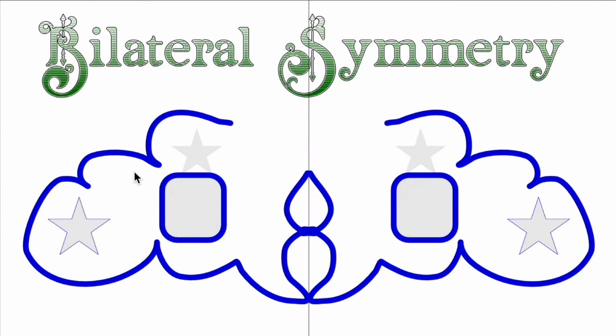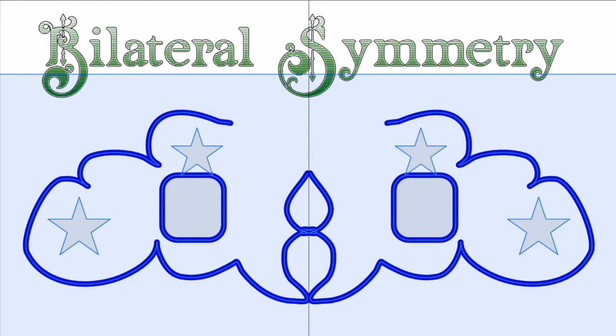You can also have a type of bilateral symmetry as top and bottom. The point is just with bilateral symmetry that the two sides, left and right, top and bottom, match. There are other types of symmetry, which we'll talk about later, but this is bilateral symmetry. So let's go ahead and get rid of all of this.